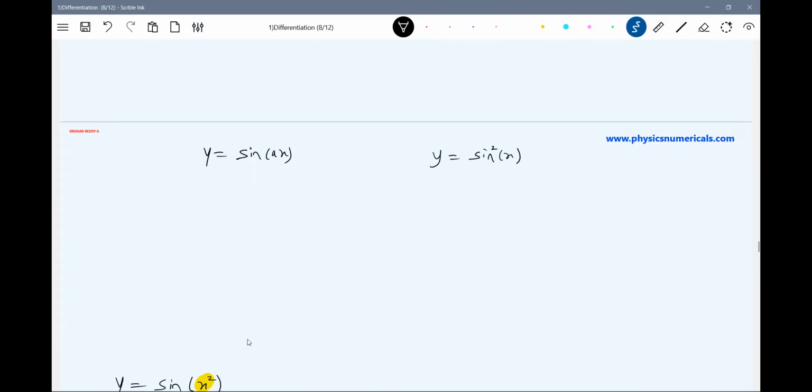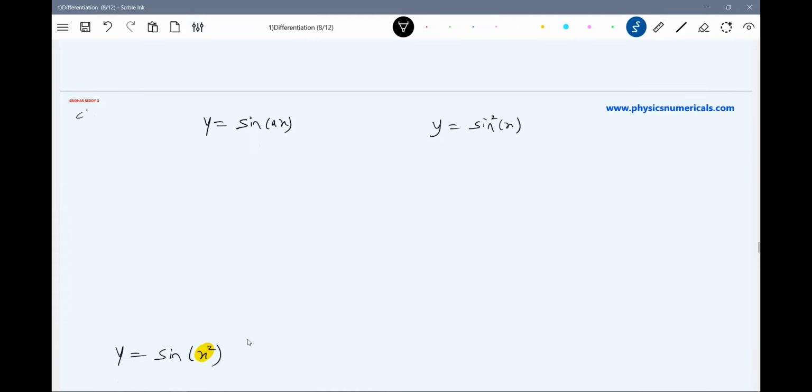If you have a function y equal to sine of ax, here you do one thing, just write it as sine alpha, where alpha is equal to ax. Then I'll differentiate: dy is equal to the derivative of sine alpha, which is cos alpha d alpha.